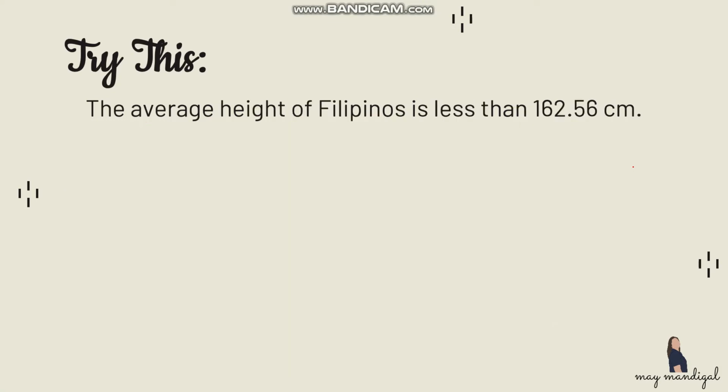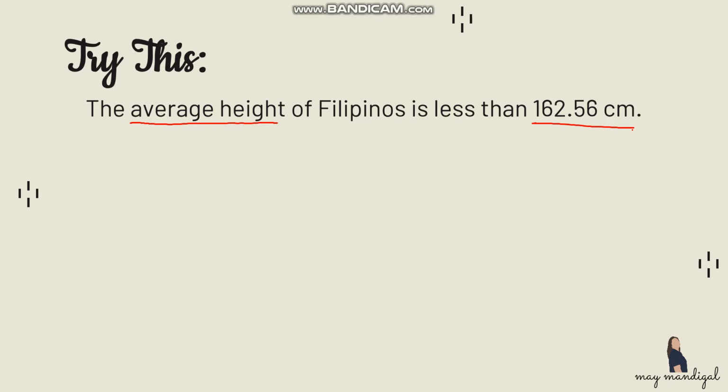Another example: the average height of Filipinos is less than 162.56 centimeters. In this problem, what we want to identify from our population is their average height. So we have the average height, and there is a value stated which is 162.56 centimeters, so we can say that that is our hypothesized value.